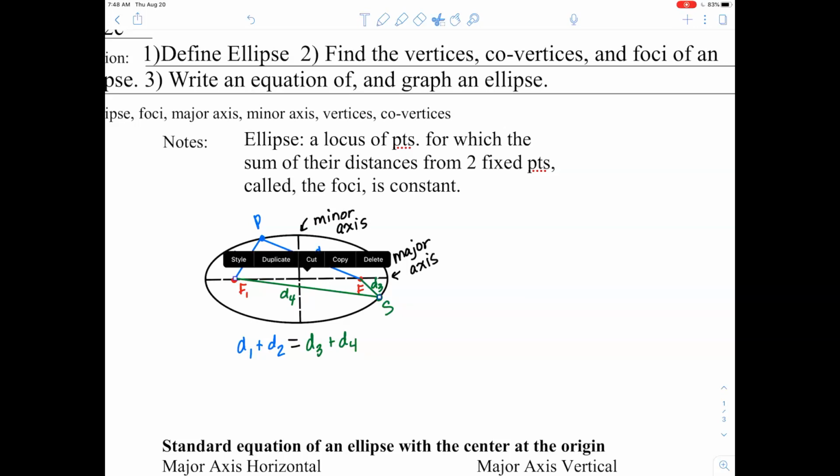Let me see if I can move a point here. I don't think it will. But say if this point moves over here, then this distance would move right here. And we would just call this point S now. It would still remain the same sum. If you add their values together, they'll still be the same. So that's the definition of an ellipse.